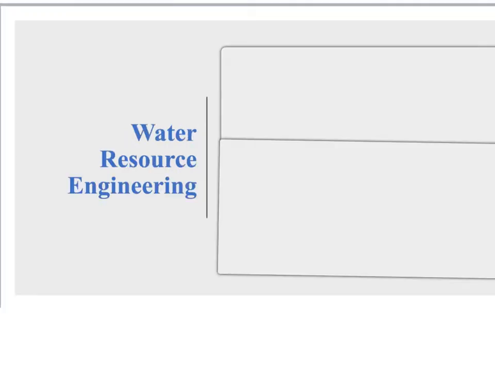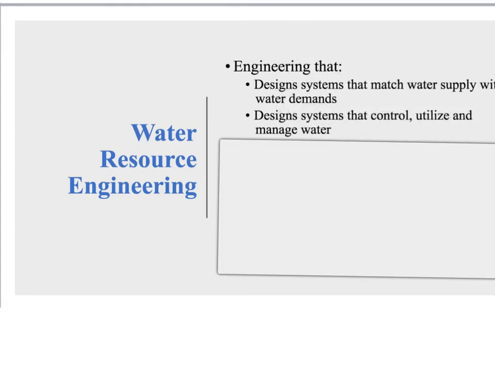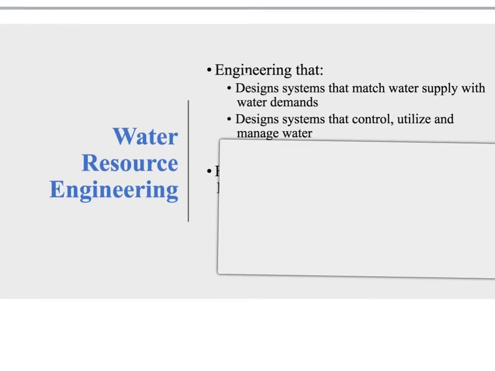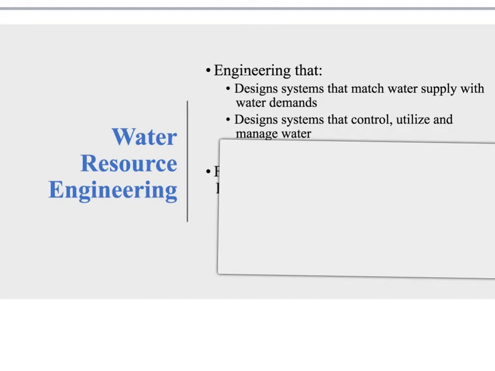Now we're going to define water resource engineering. Water resource engineering is the engineering that deals directly with the science of hydrology. It designs systems that match water supply with water demands, and designs systems that control, utilize, and manage water.